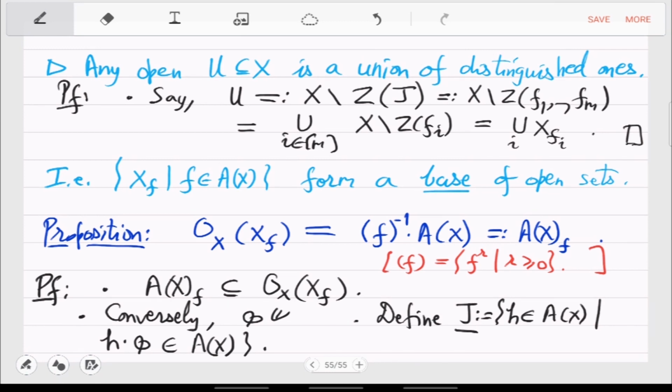So first thing you observe is that J is an ideal. Is that clear? Because any element of A_X, if you multiply it with h, then h phi continues to be in A_X, right? So it's clearly an ideal.